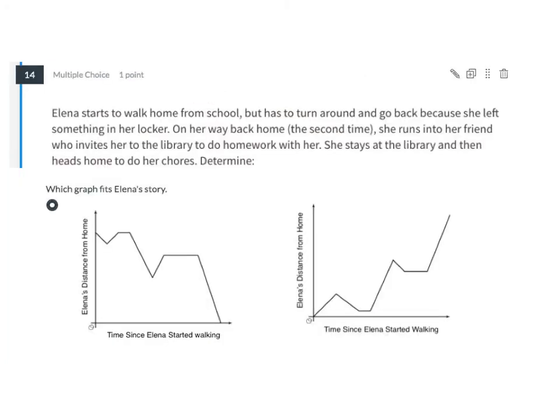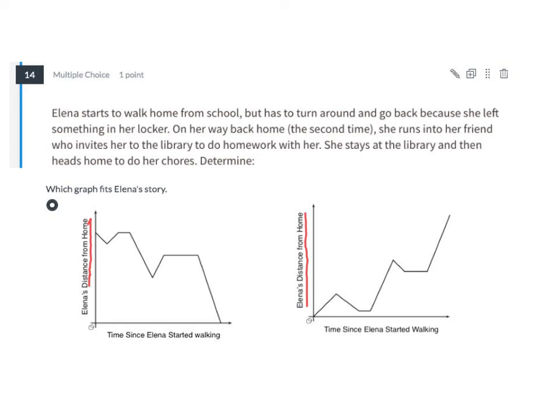All right, number 14. Let's read the story. Elena starts to walk home from school, but she has to turn around and go back because she left something in her locker. On her way back home the second time, she runs into her friend who invites her to the library to do homework with her. She stays at the library and then heads home to do chores. Determine which graph fits Elena's story. Really what we have to look at is the labeling. This is the distance from Elena's home. So she was at school.